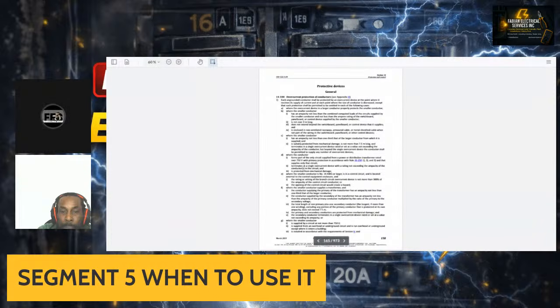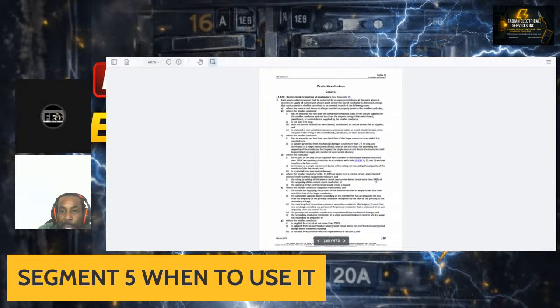and is protected from mechanical damage. Where the smaller conductor is number 14 or larger, is in a control circuit and is located external to the control equipment enclosure, and the rating or setting of the branch circuit overcurrent device is not more than 300% of the ampacity of the control circuit conductor, or the opening of the control circuit would create a hazard.